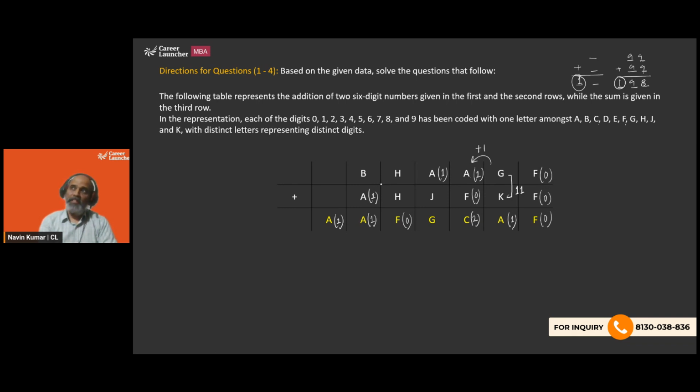The other possibility is when the sum turns out to be 11, so that we get 1 plus 1. That means B should be 10, and 10 plus 1 is 11, so we get 11 here. But since B represents a digit, it cannot be 10. The best possible scenario, we are going to have a 9 here. But then 9 plus 1 is 10. It's not going to give us an 11.